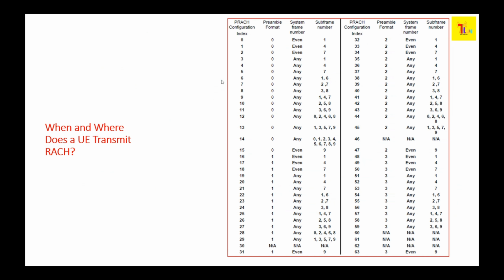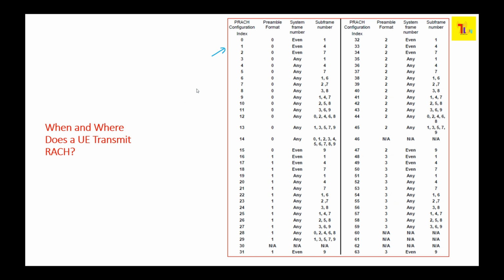As per this 3GPP table, to understand when and where exactly you are going to send your PRACH, try to understand in a very simple manner that the eNodeB reserves a specific resource block also for PRACH.